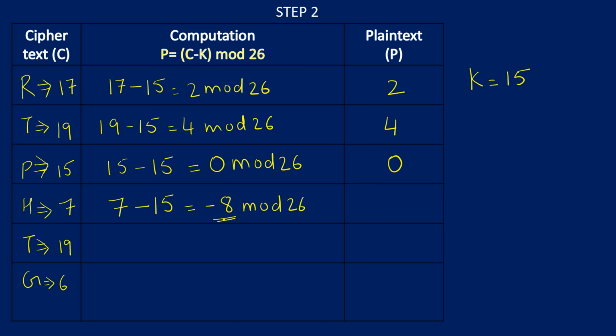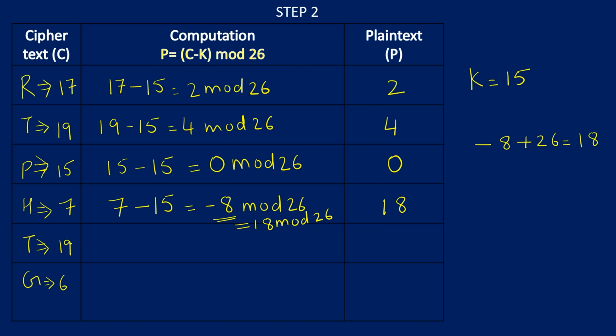Now we got a negative number. So how do we solve it? Since I got minus 8, I will just add 26 to it. The answer that I get is 18. So minus 8 mod 26 is 18 mod 26, and 18 is a number which is less than 26, so your final answer is 18.